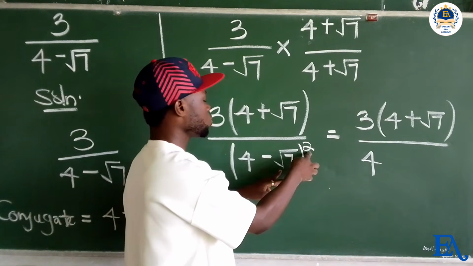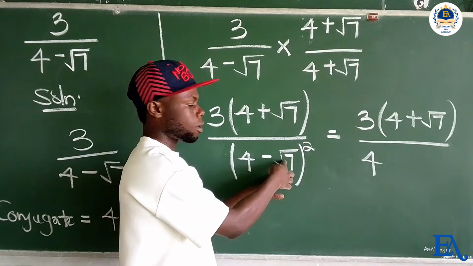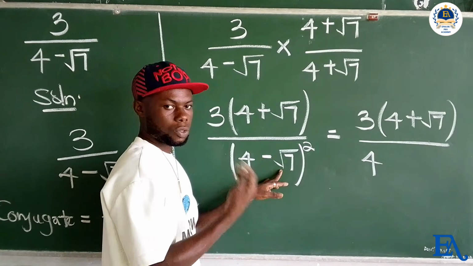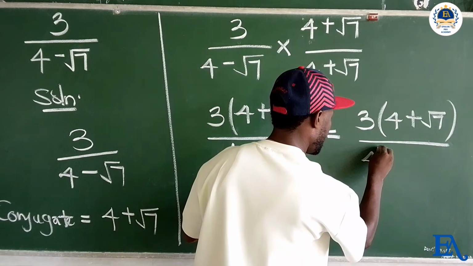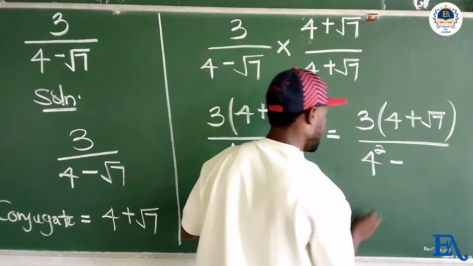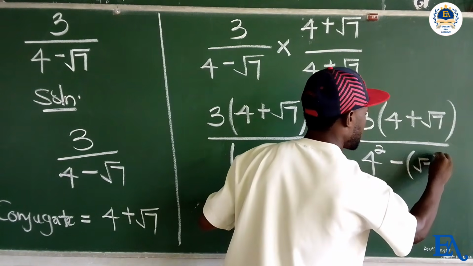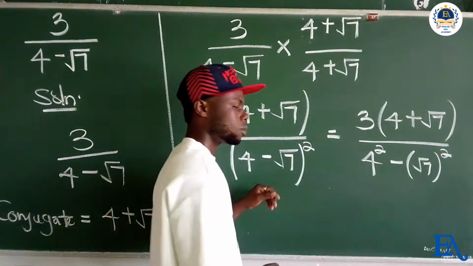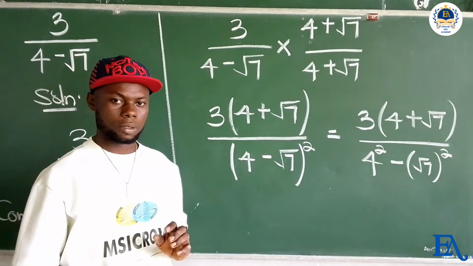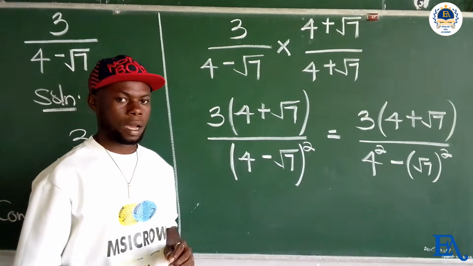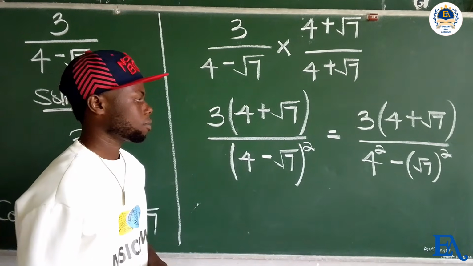And this 2 is going to also affect this. It becomes root 7 raised to the power of 2. So we have 4 raised to the power of 2 minus root 7 raised to the power of 2. If you understand to this point, comment I understand the first stage.